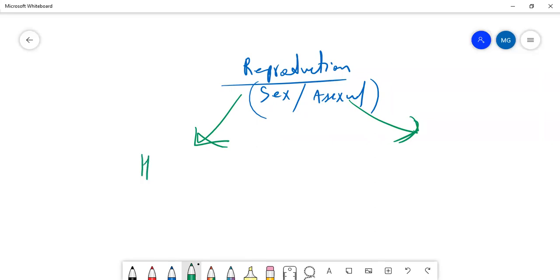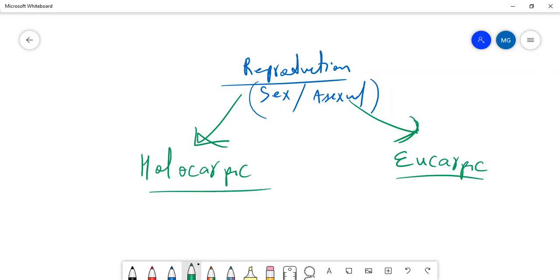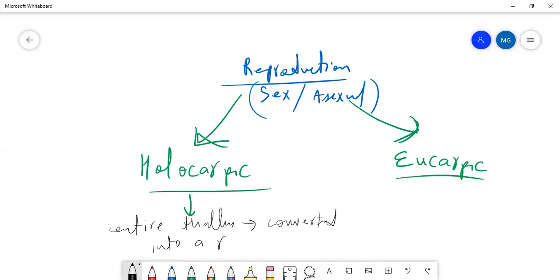One is called holocarpic and one is called eucarpic. If I use the terms holocarpic fungi and eucarpic fungi, what does it mean? When I say holocarpic fungi, it means the entire thallus is converted into a reproductive structure.